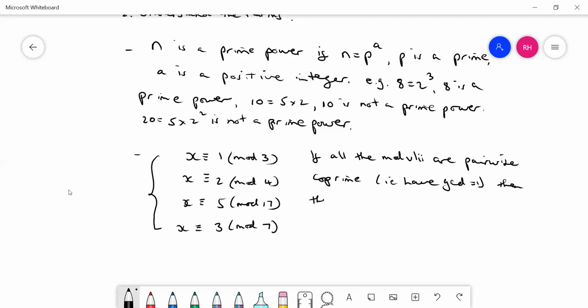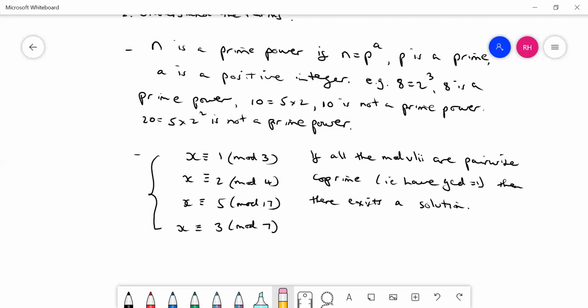and the Chinese remainder theorem says that then there exists a solution. In fact, there's a unique solution. Well, let's not go into it too deeply. If you don't understand some of this, then you should look up my video or some other source.